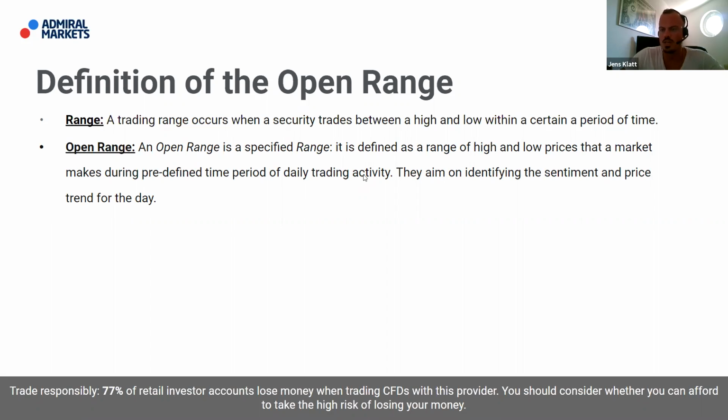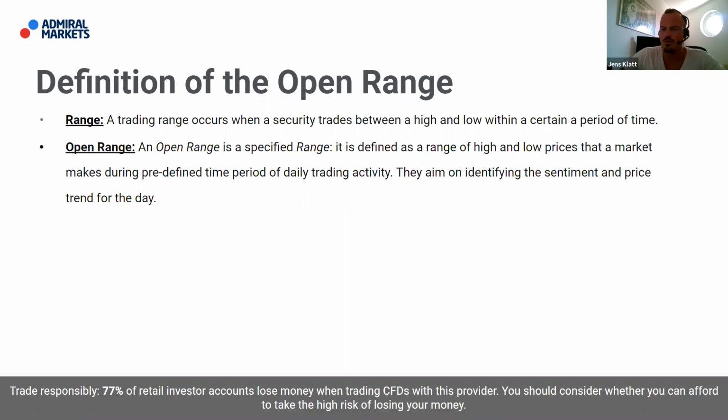So when it comes to the SP 500, we look at the market opening, and here at the first 45 minutes of trading. When Wall Street opens, this is usually around 3:30 p.m. Central European time, so German time, or 2:30 London.